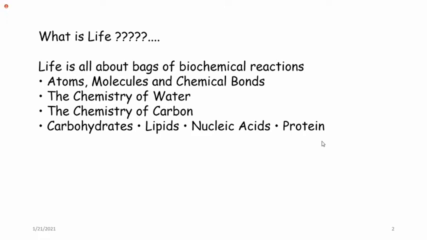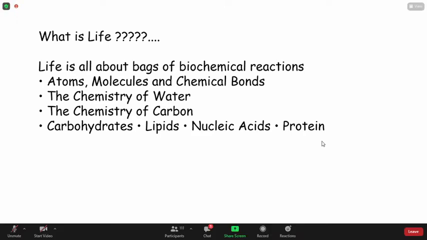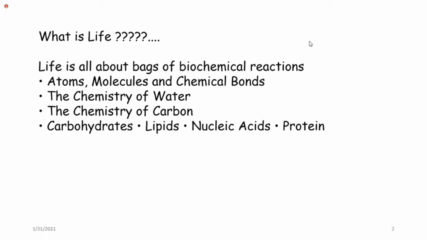And now we will try to understand how they are necessary for our life. So we can say that life is all about the bag of biochemical reactions. It is the interaction between the different elements, molecules, by formation of the interaction between these two compounds through the chemical bonds.